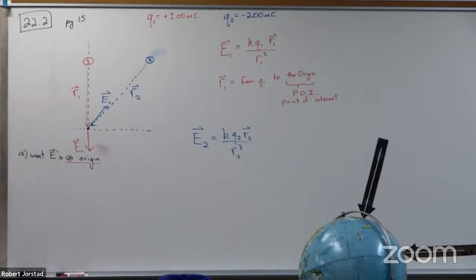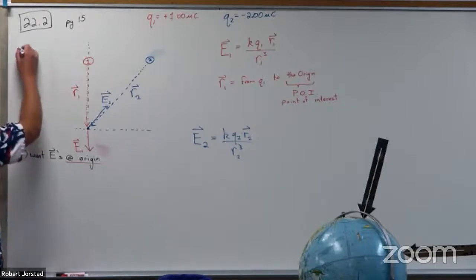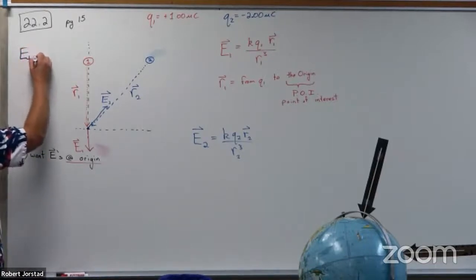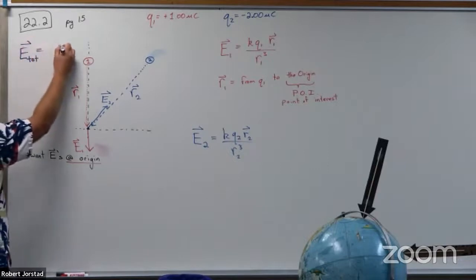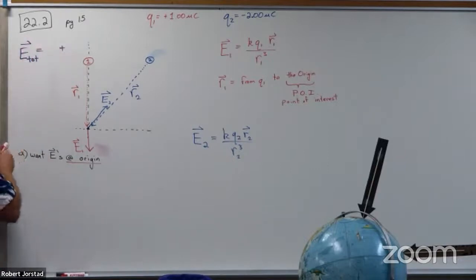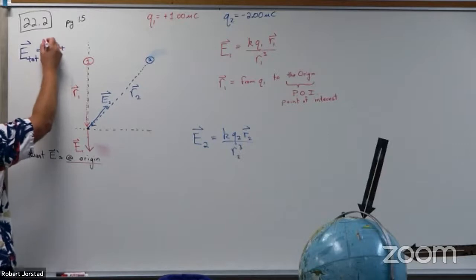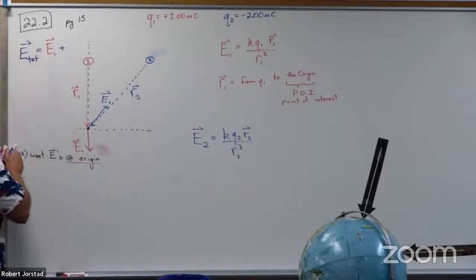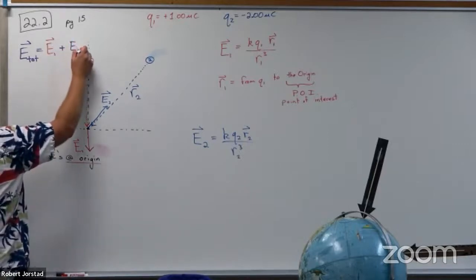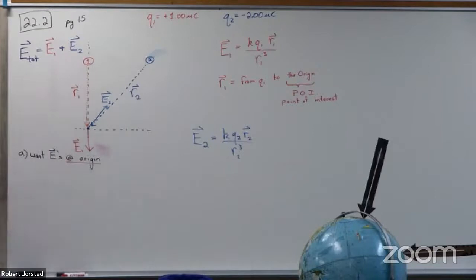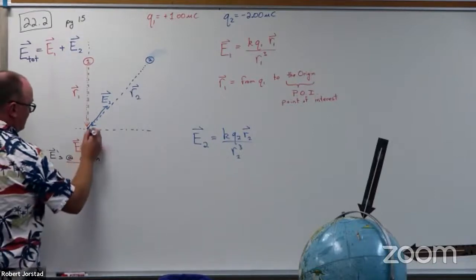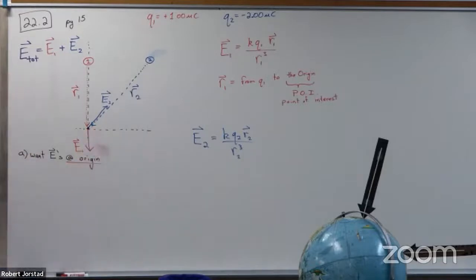All right. So now, if we know E total is equal to E1 plus E2, I could do vector addition. Let me see if I drew it.